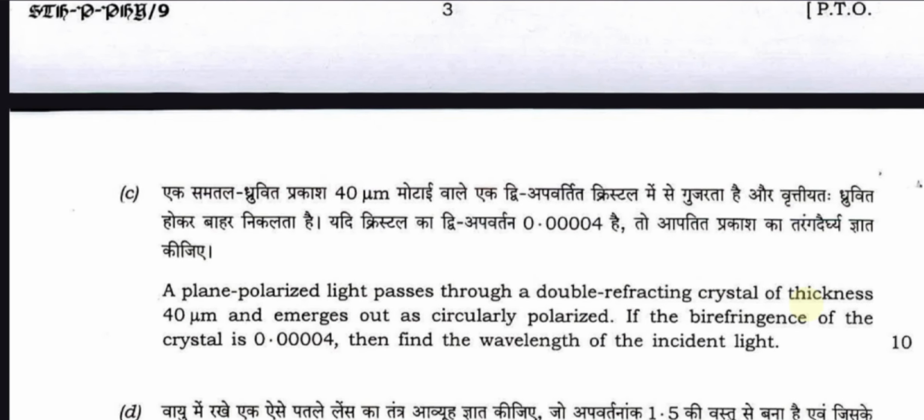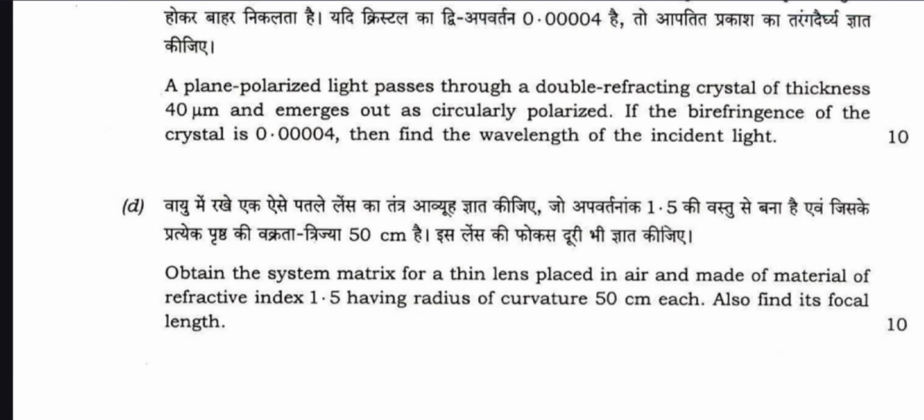Question number C. A plane polarized light passed through a double refracting crystal of thickness 14 micrometers and emerged out as circularly polarized if the difference of crystal is 0.000404. Then find the wavelength of the incident light.